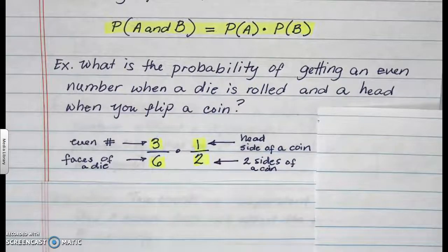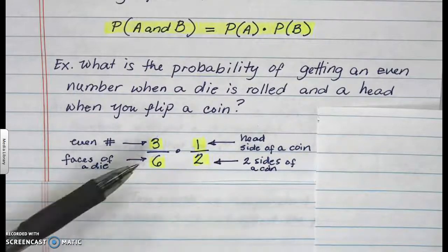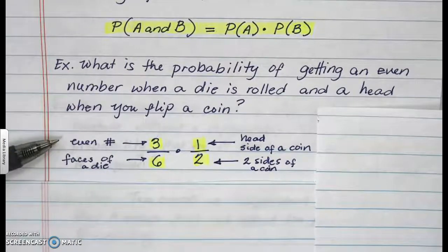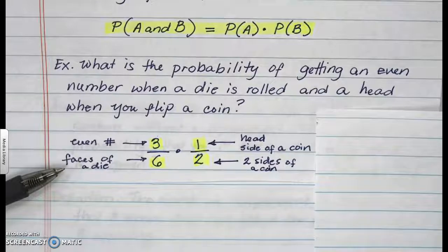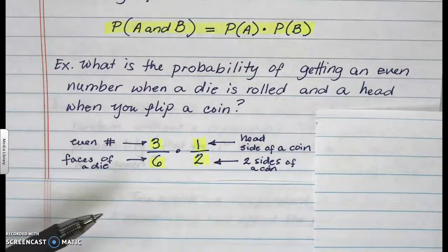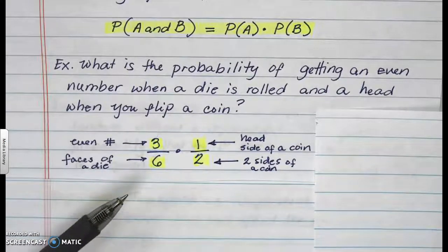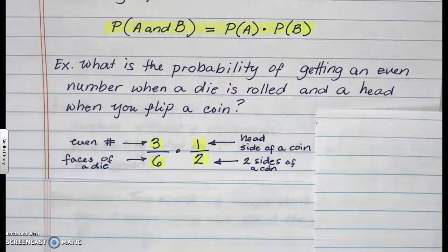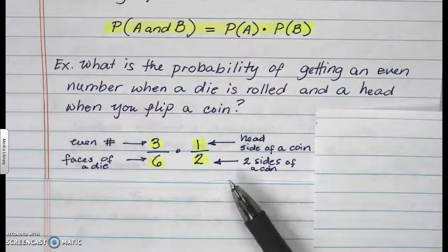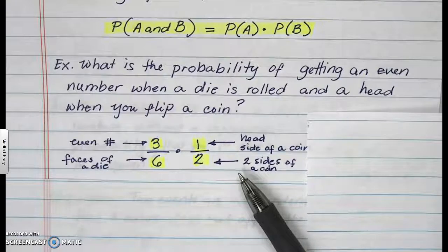Let us now look at the multiplication rule and apply it on our problem situation. So the probability of getting an even number when you roll a die is 3 out of 6. Why so? Because in a die, there are 3 even numbers and there are 6 faces. Let us now go to the probability of getting the head when you flip a coin.